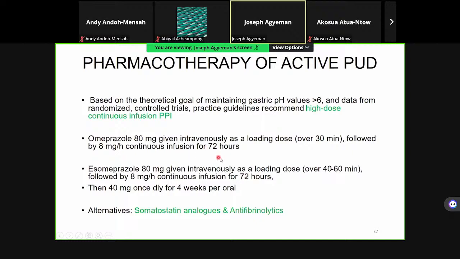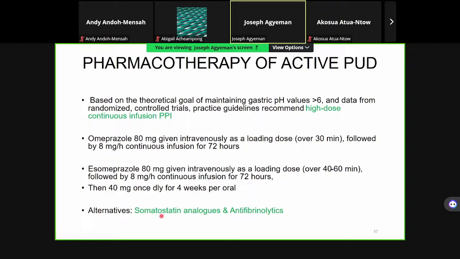For both omeprazole and esomeprazole, you do the same. Then after the 72 hours, you switch to the oral form and you give 40 milligram once daily for the next 4 weeks. And this will be able to manage bleeding that's not extensive.